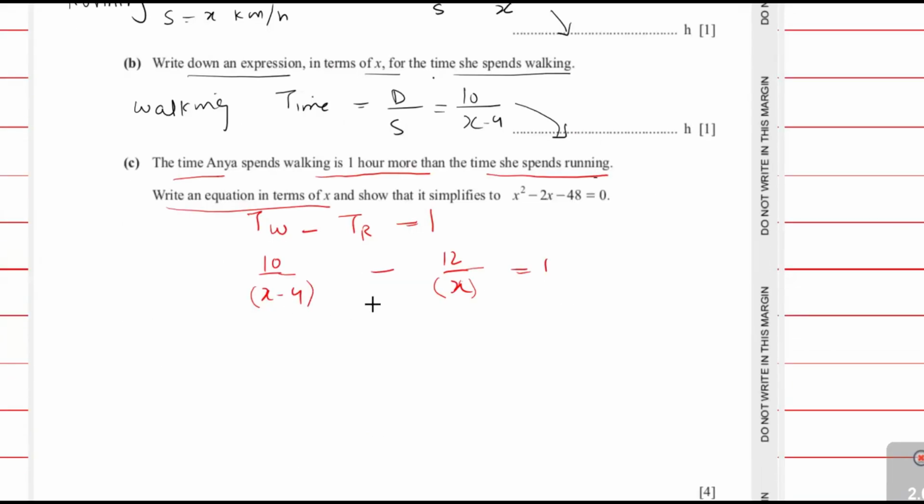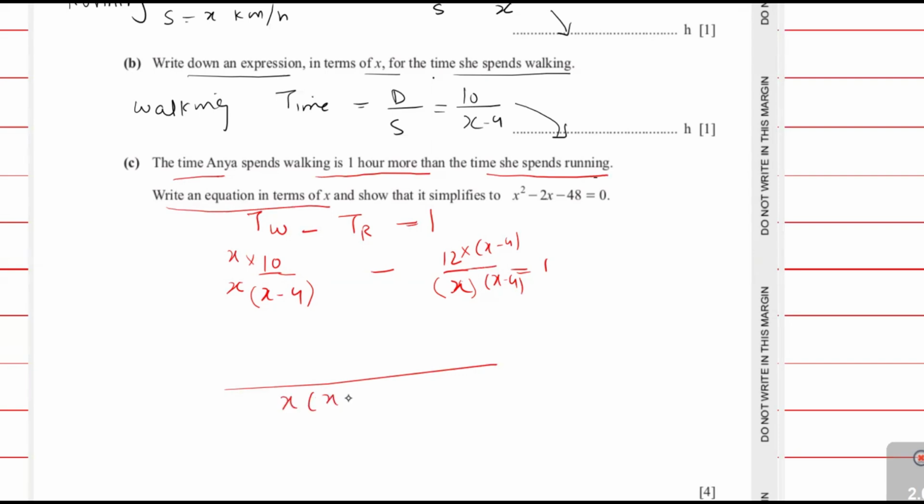Next, we will make the denominators the same on the left side. If we multiply the first fraction by x on numerator and denominator, and the second fraction by x minus 4 on numerator and denominator, the denominators become the same.